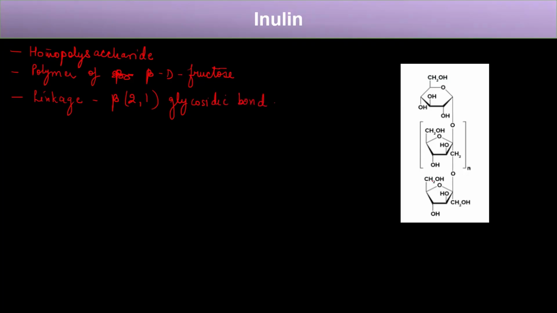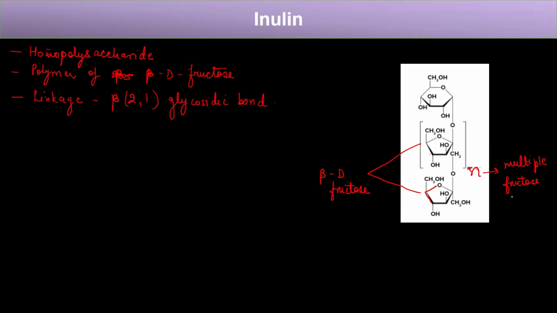If you look at the structure, here this is one fructose, this is the second fructose. These are beta D fructose. Here the n is representing that there are multiple fructose units, because it's a polysaccharide, and we know that a polysaccharide consists of 10 to 100 monomeric units.